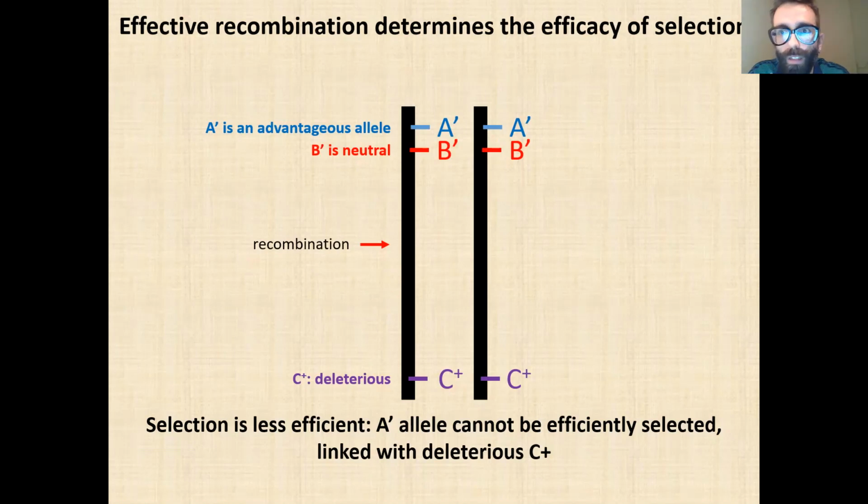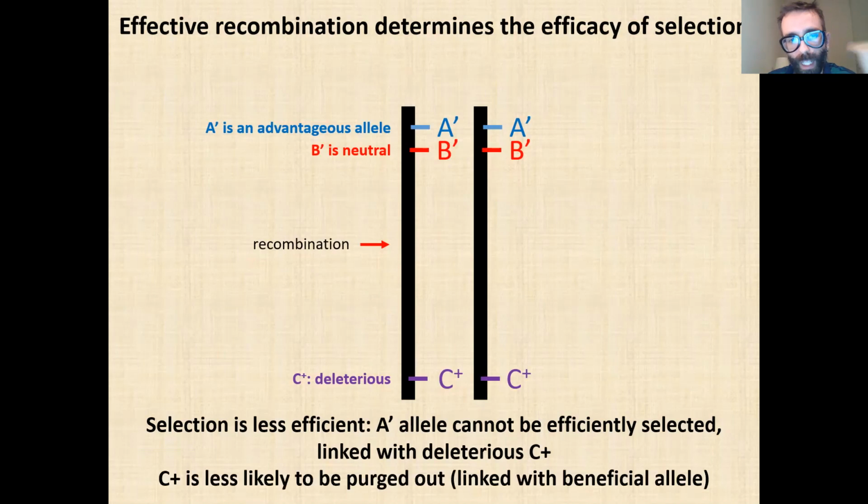But because they are linked genetically, because there is no effective recombination between them, that means that A prime will always be selected together with C plus. And that means that selection will not be able to purge out this C plus allele because it's linked with the beneficial allele.